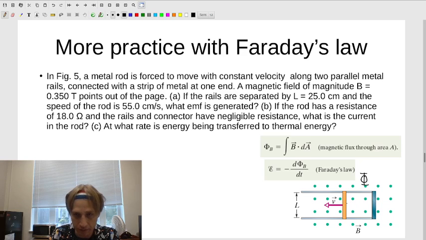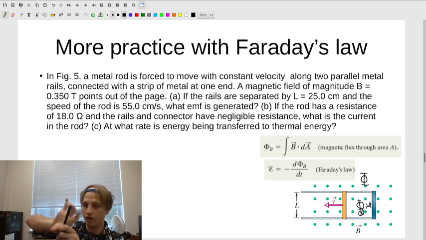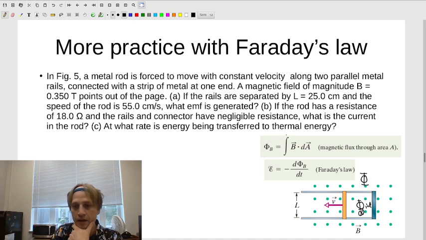It's getting bigger because the surface itself is getting bigger as this bar gets dragged over, and so the induced magnetic field has to be pointing into the board. So if I try to put my thumb in that direction and curl my fingers around to see what direction the current must be going, the current must be going like this. So this is the direction of our induced voltage.